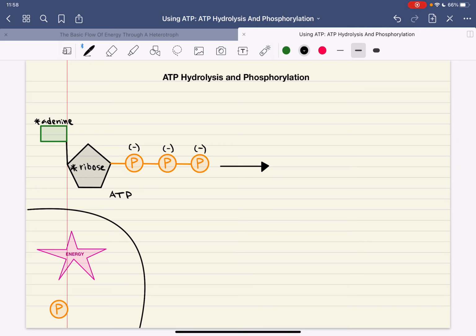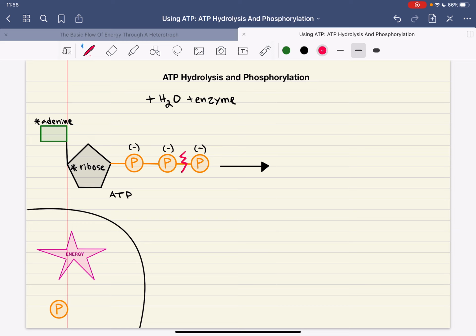And we have to do something to this ATP. What we have to do to it is, using water, and also an enzyme, not depicted here, we have to break off the third phosphate group of ATP. So we have to remove that third phosphate group.